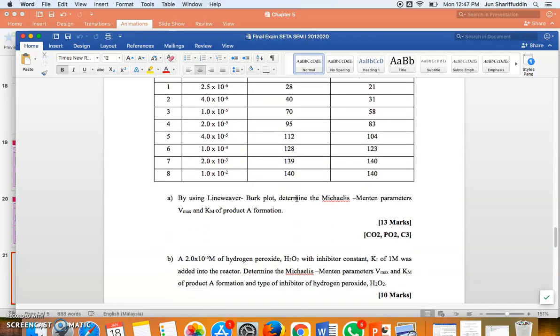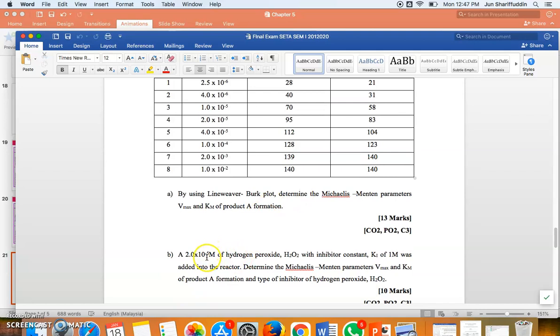And then part B will ask you, okay, 2 times 10 to the power minus 5 molar of hydrogen peroxide with inhibitor constant Ki equals 1 is added into the reactor. Determine the MM parameters Vm and Km of product A formation and the type of inhibitor. So the question asks you to determine the Vmax and Km, and from the plot, they want you to determine what type of inhibitor.